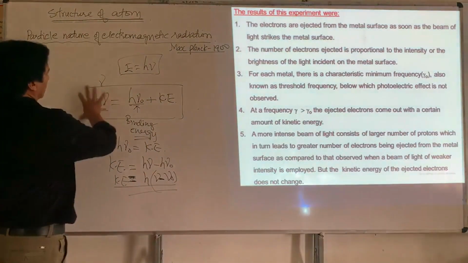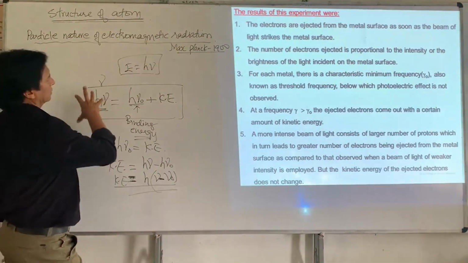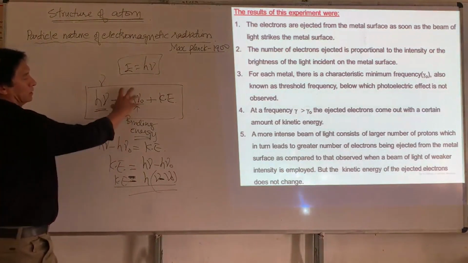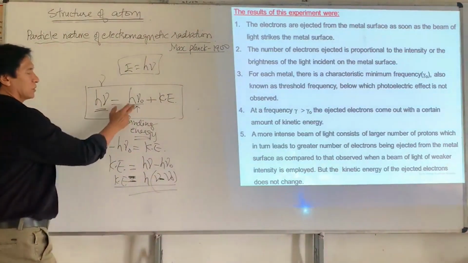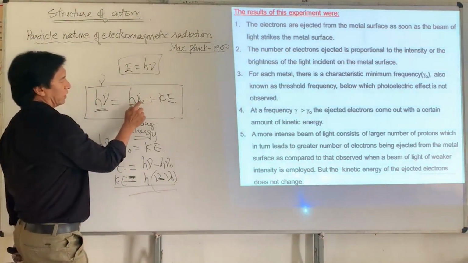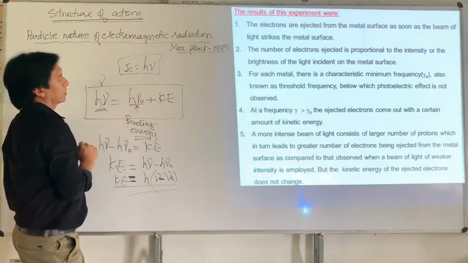This energy of the photon of light is used in such a way that one part is used to eject the electron from the metal surface. This is denoted by h nu naught, where nu naught is the threshold frequency, or the minimum frequency.